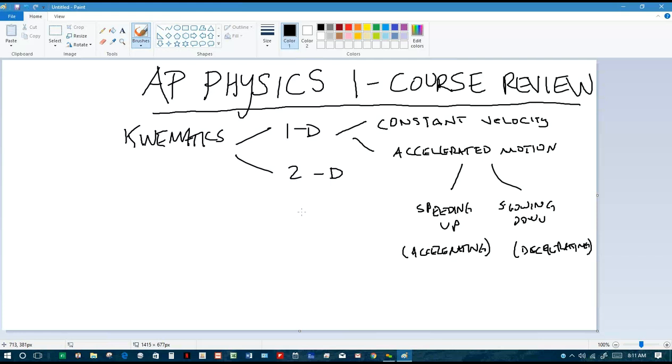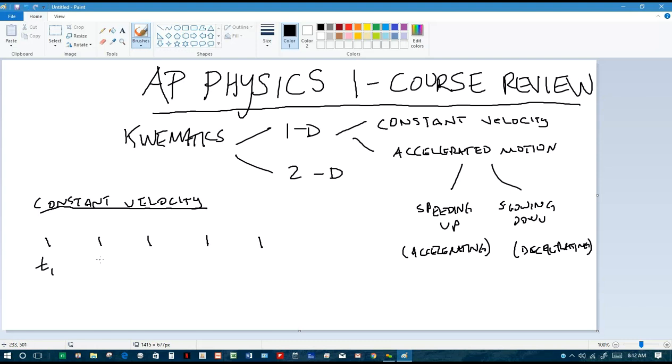Okay. And so let's take the first case, which is you're watching something that's moving at a constant velocity. If you're watching that car, for example, drive along the road at a constant velocity, you see that it's moving equal distances each time.